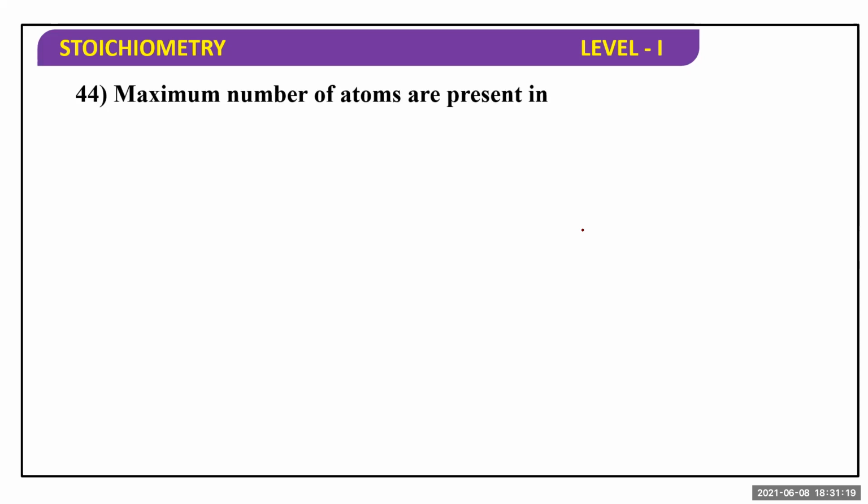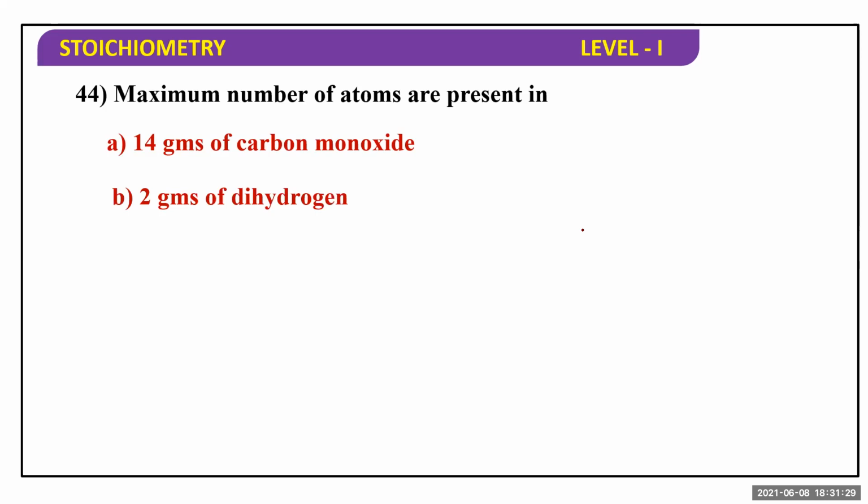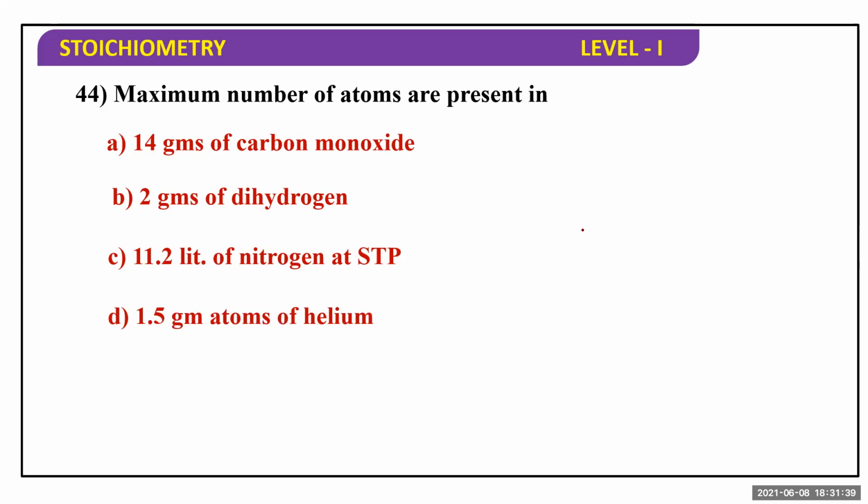Maximum number of atoms present in 14 gram of carbon monoxide, 2 gram of dihydrogen, 11.2 liter of nitrogen at STP, or 1.5 gram atoms of helium. Which one is the correct?